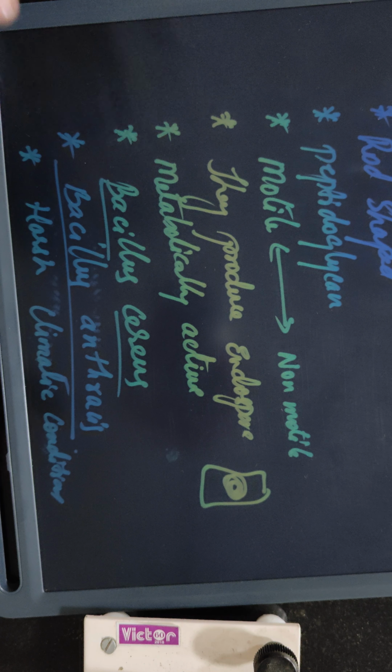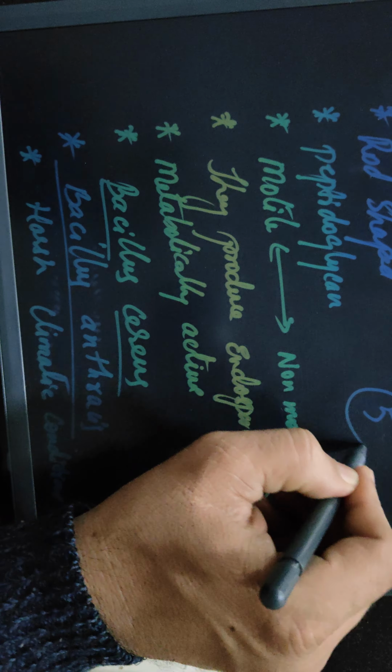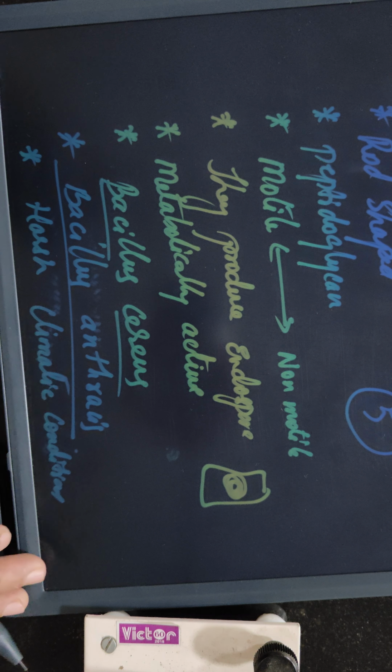So these are some of the common characteristics of rod-shaped bacilli, which is further divided into 5 groups, right?